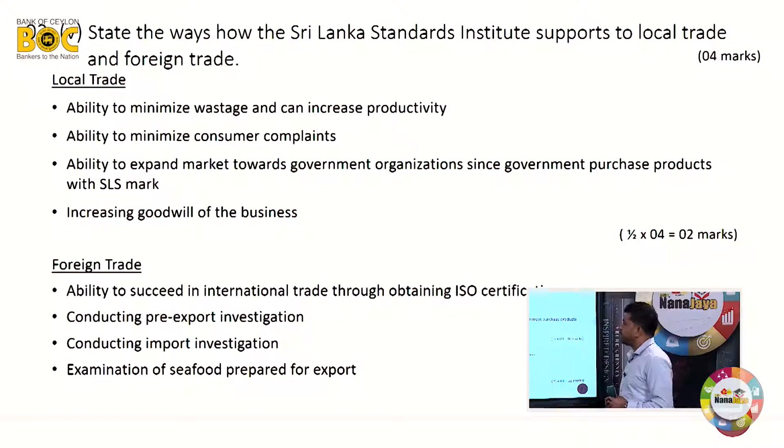Ability to minimize wastage and increase productivity by giving the best method of doing or producing something.